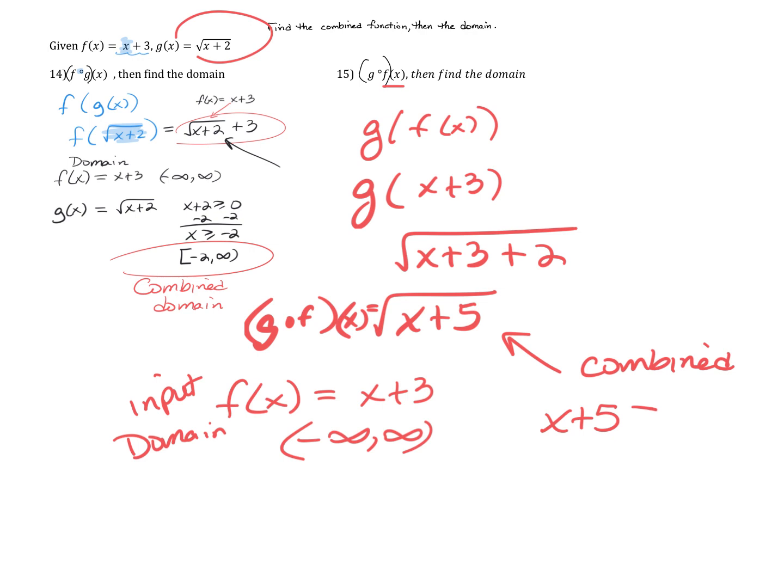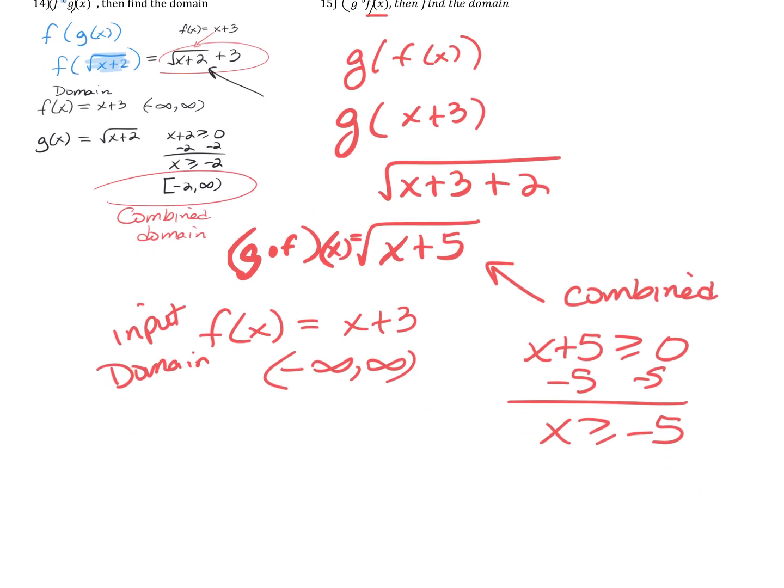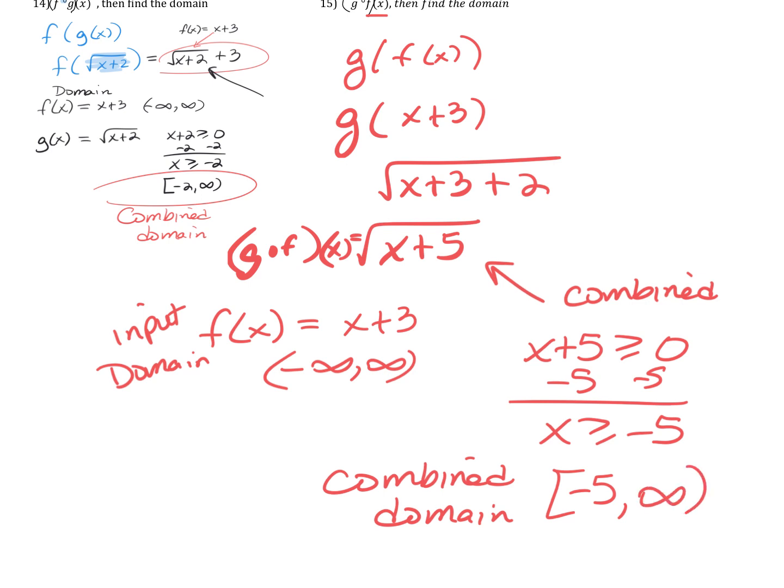It's under a radical greater than or equal to 0. Subtract. X must be greater than or equal to -5. So the combined domain is just based on the combination, and that's going to be from -5 with a bracket to infinity. And that is your quiz review.